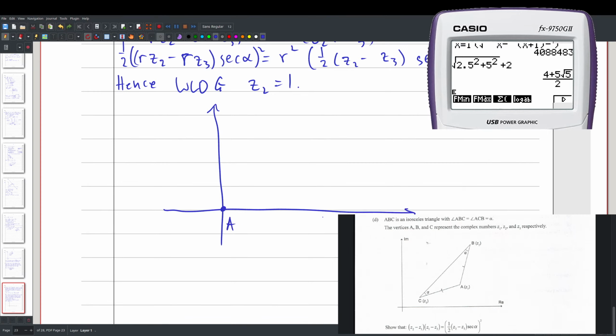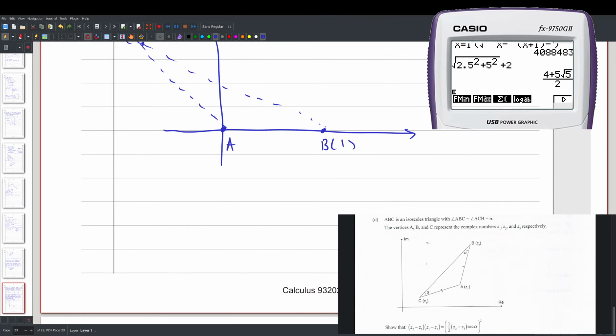This is A, B, and this is C. This is 180 minus 2 alpha.